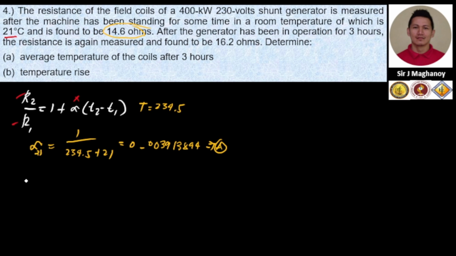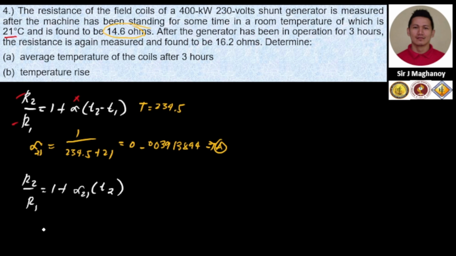Our formula here is R2 over R1 is equal to 1 plus our temperature coefficient at 21 times your final temperature, which is unknown for your letter A, required average temperature of coil after 3 hours. That is your operating temperature or your final temperature.